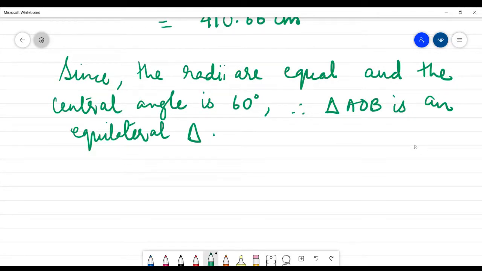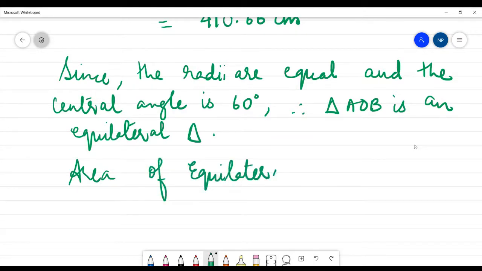We are going to find only one particular area, children, and then multiply it by 6, because in the question it is given that they are equal. Now, area of equilateral triangle is how much? You must have studied in the previous classes: area of equilateral triangle is root 3 by 4 into a square, where a is the side, in square units.